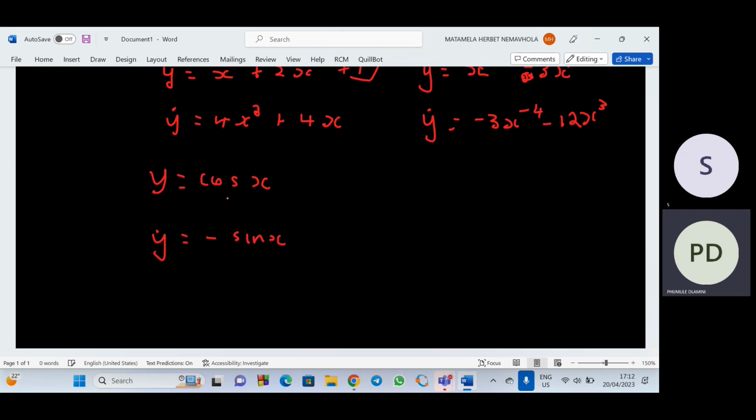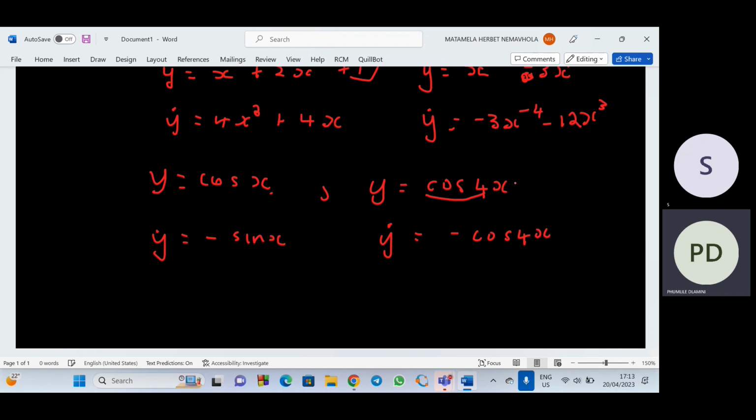So if you are given y equals cos of 4x, we differentiate everything there, which gives us negative sine of 4x.